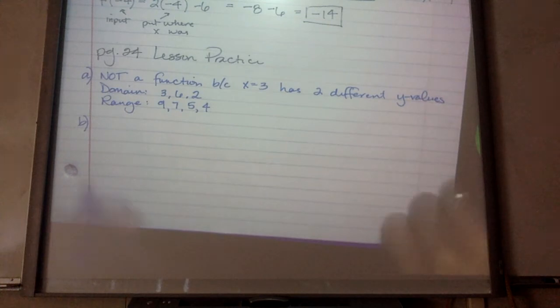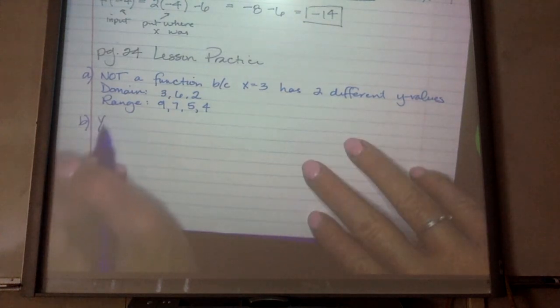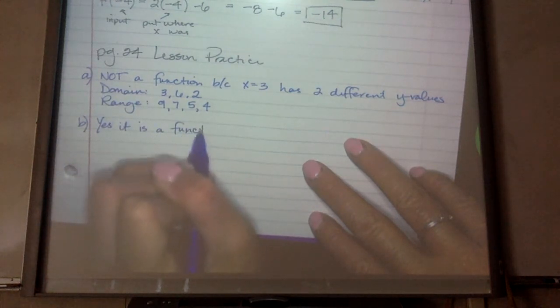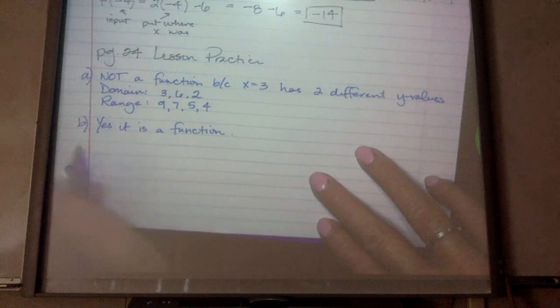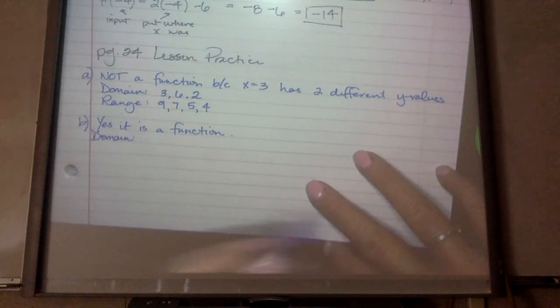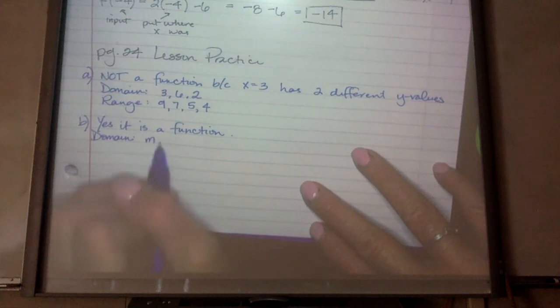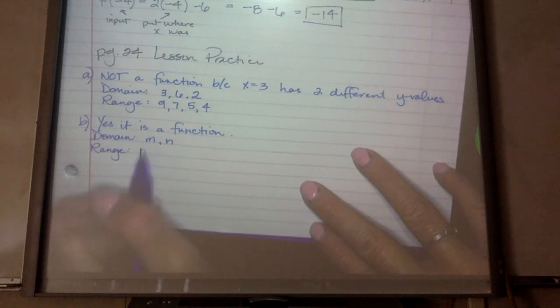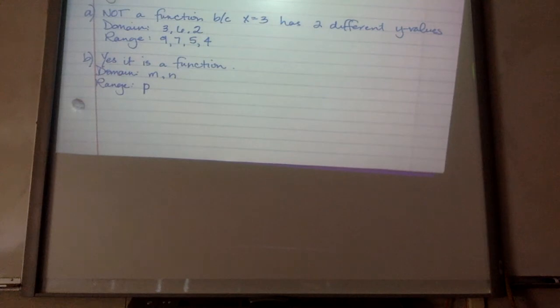Part B is a function because each letter has its own output. So my domain is M and N, and my range is just P. All right, now in C, D, and E, we're doing the vertical line test.